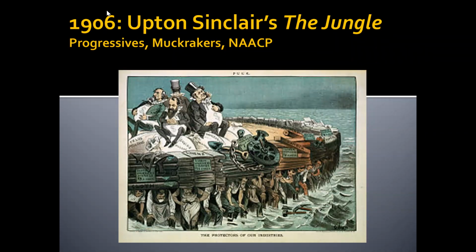And this creates a subsect of progressives known as the muckrakers. Now, a good example of the muckrakers is Jacob Riis. He is a muckraker because he goes quite literally into the muck of industrialized society, into the urban centers where children are being forced to work in bad conditions, where you have 15 people living in 600 square feet.